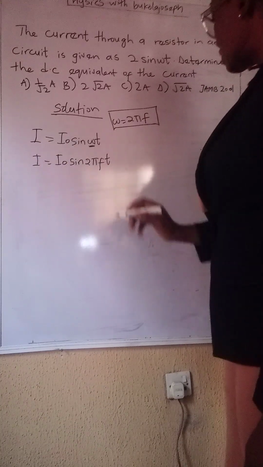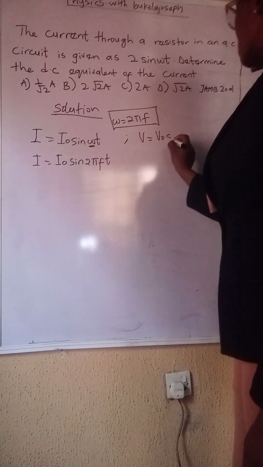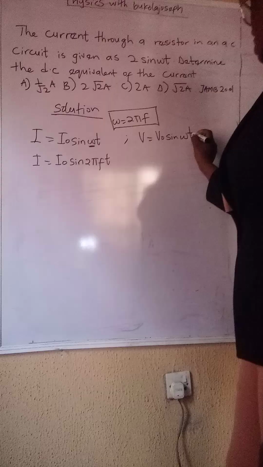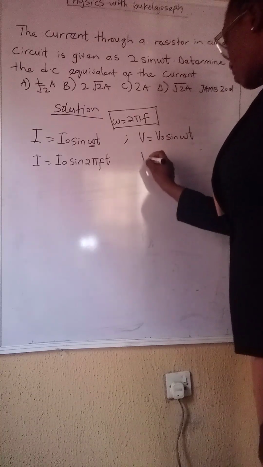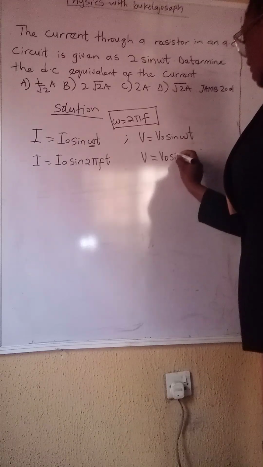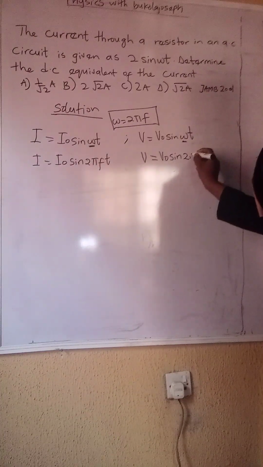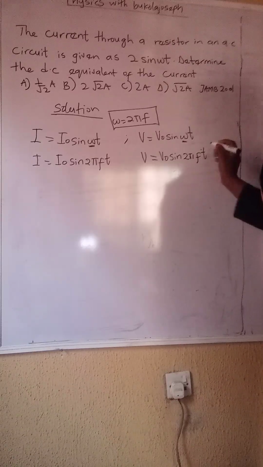And then for voltage, we have V is equal to V naught sine Wt, and of course it is also equivalent to V naught sine 2 pi F T.